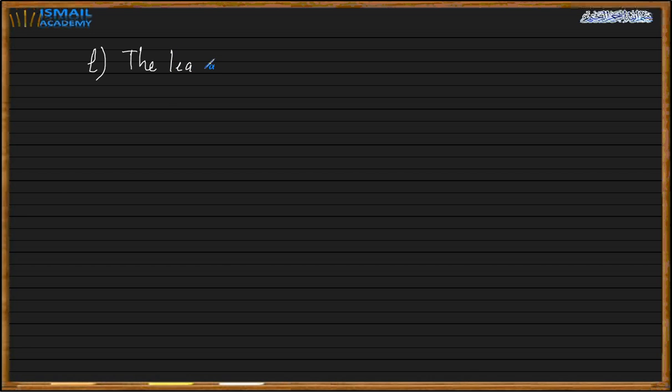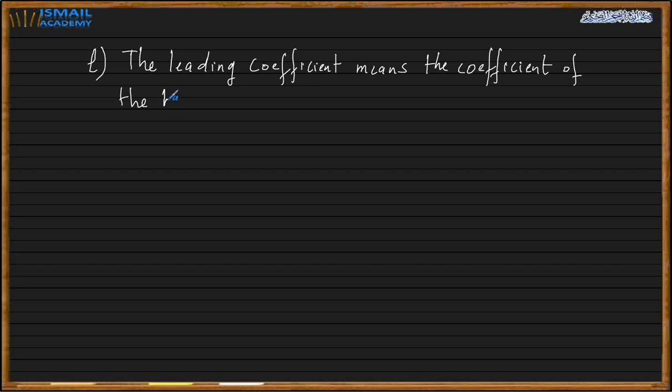So the leading coefficient means the coefficient of the highest degree term. For example, I will give you two examples. By the way, 0 can never be the leading coefficient, so keep that in mind.